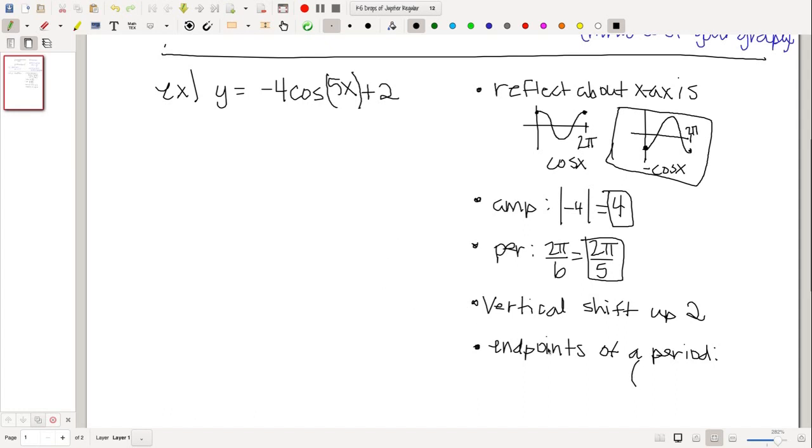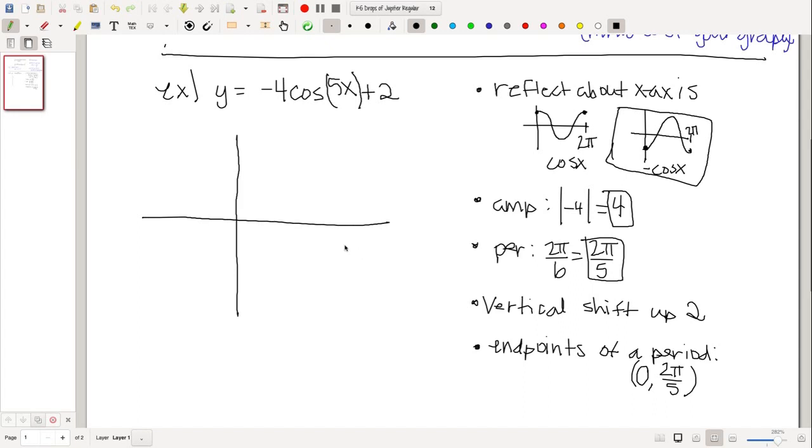Well, we had no phase shift, so our first period starts at 0 and our period will end at 2 pi over 5. So that gives me a distance of 2 pi over 5, which is my period. Okay, and as we go further along, hopefully you'll understand that a little bit better. Okay, so let's start graphing. And again, I want to count by pi over 5s or pi over 10s because of my period.